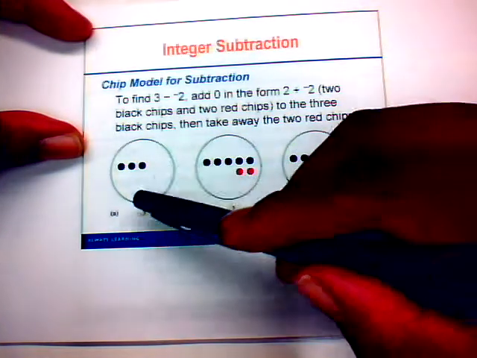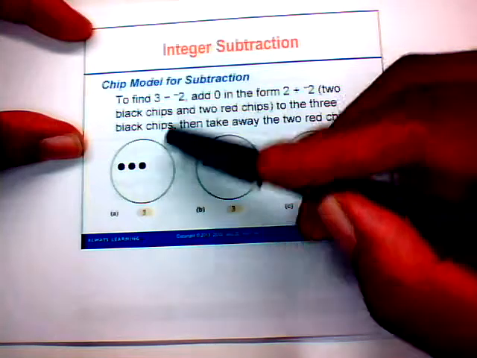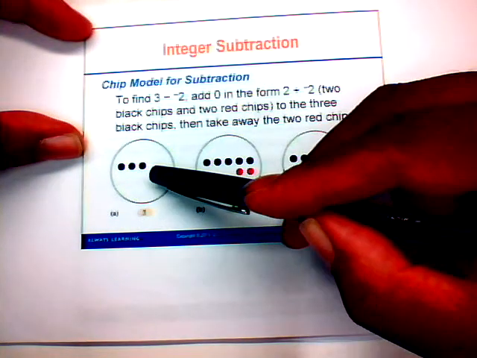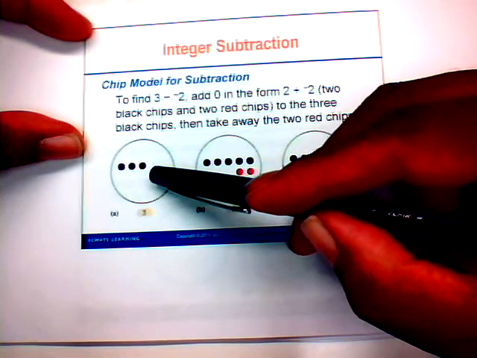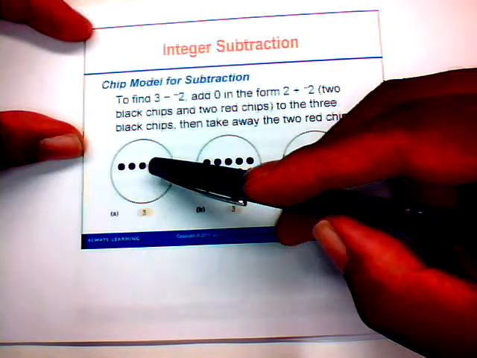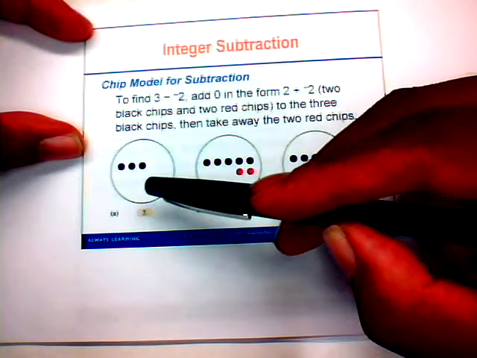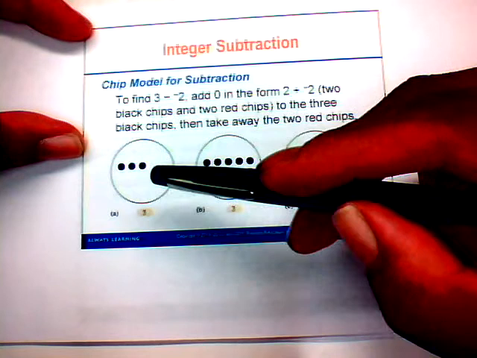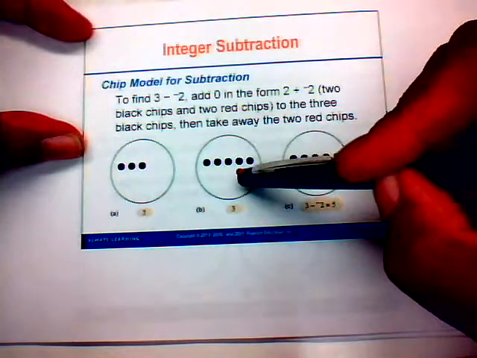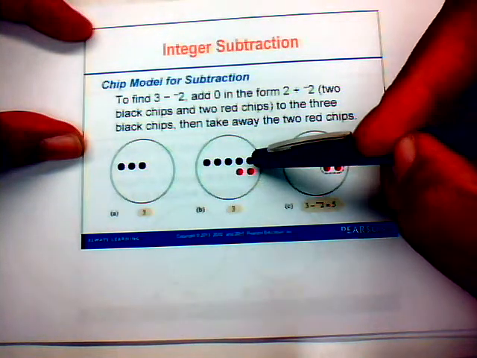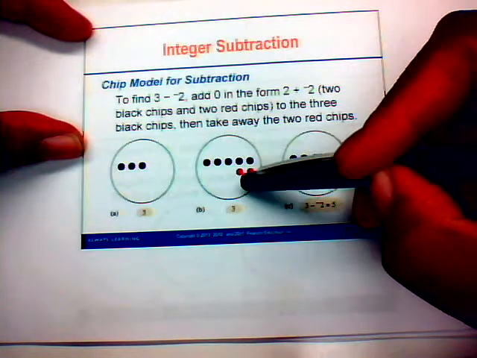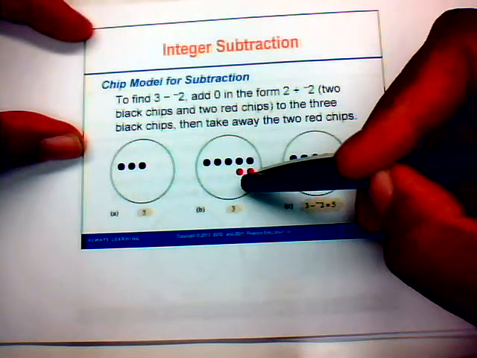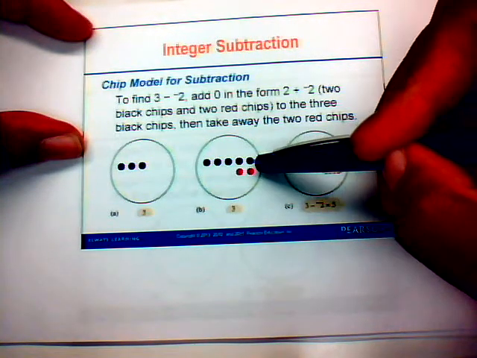So here, for 3 minus negative 2, we start off with 3 black chips. But we want to take away 2 red chips. Unfortunately, we don't have 2 red chips in here. But we can place them in here by using zero pairs. So here, I have 2 zero pairs of red and black chips.